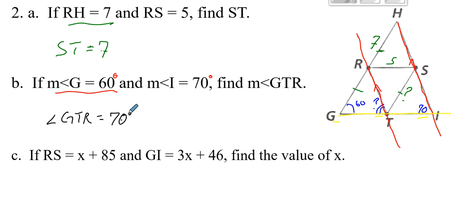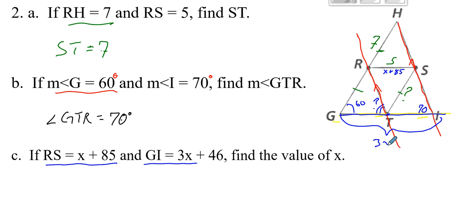Okay. Our last piece is that RS is x plus 85, and GI is 3x, so this whole thing is 3x plus 46.